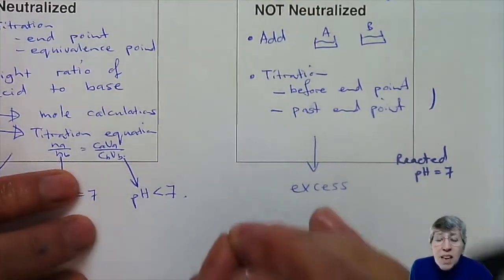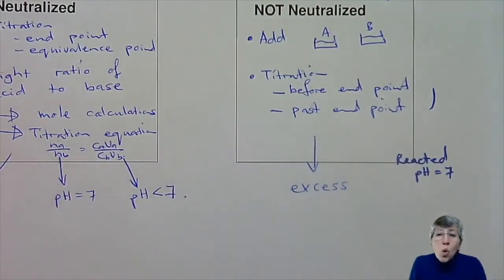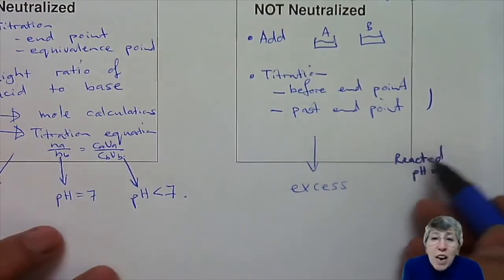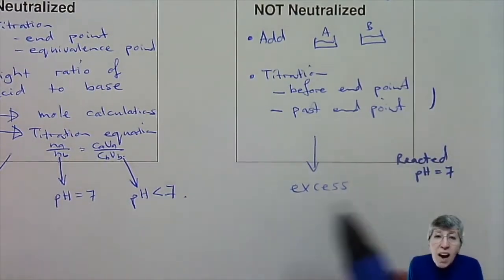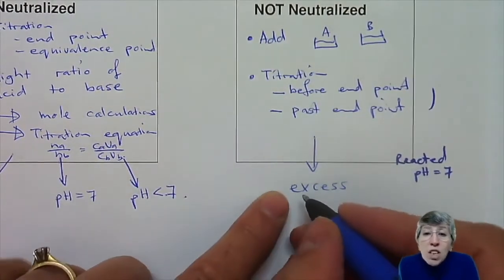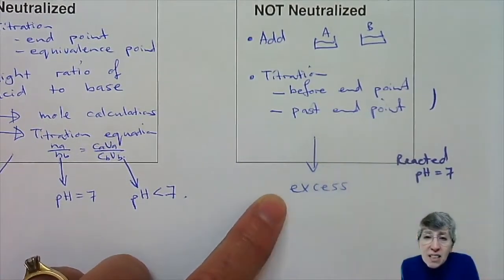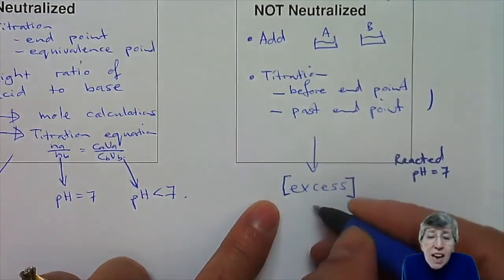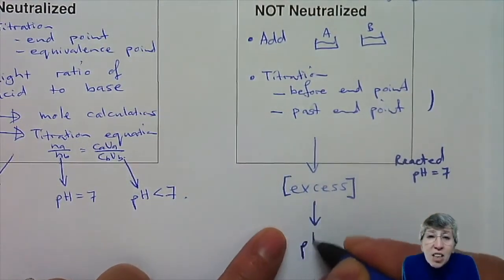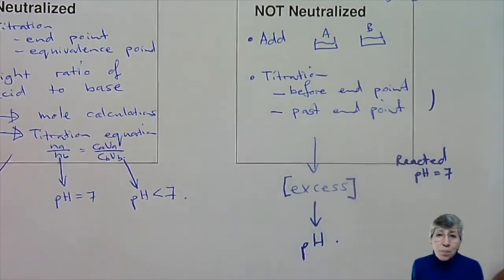So, which tells me that I can ignore everything that reacted. The things that reacted is just pH 7. What I have to look at is what did not react, what was in excess, right? And then if I get the concentration of that excess, then I can determine the pH.